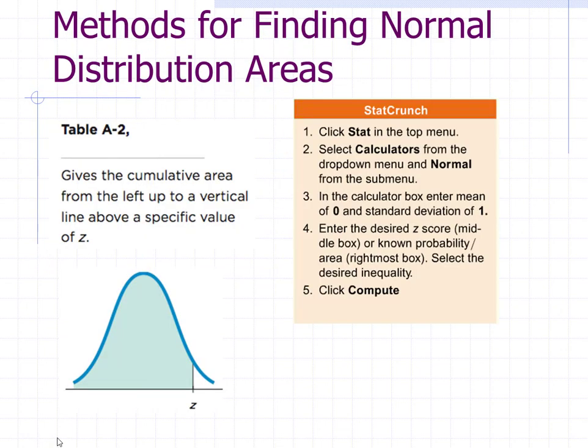Now when we look at our z-score tables, they are in the back of your book in the appendix. You can also find them in the tables in your ebook. I have a hardcover book, so I have the z-score tables in the end pages in the back of my book.